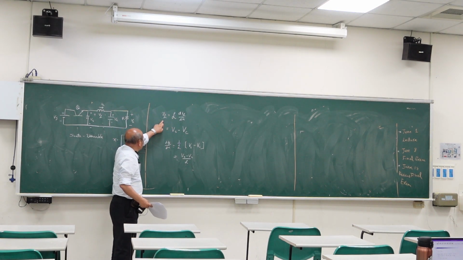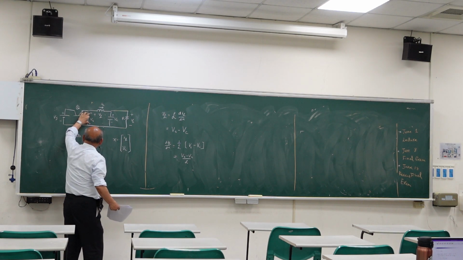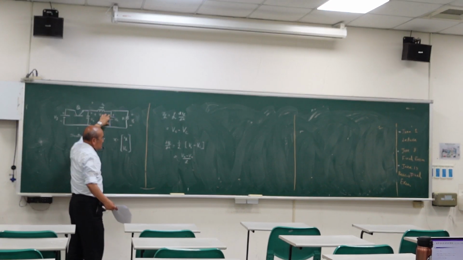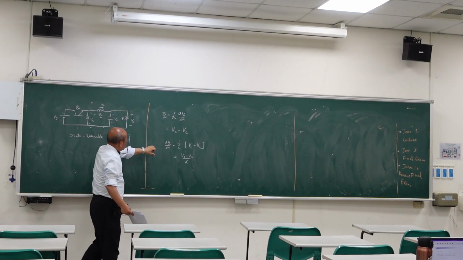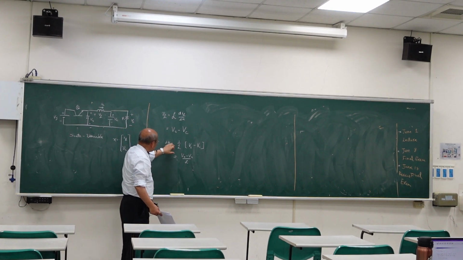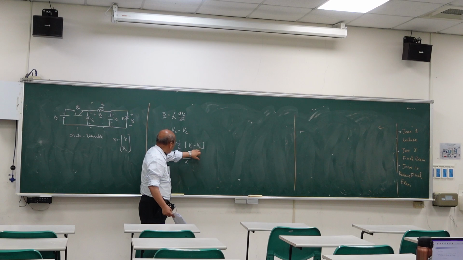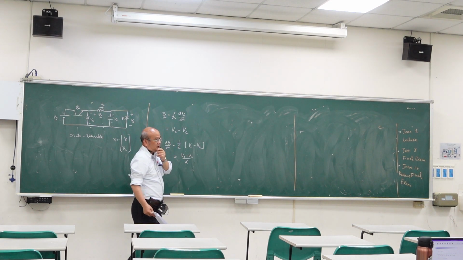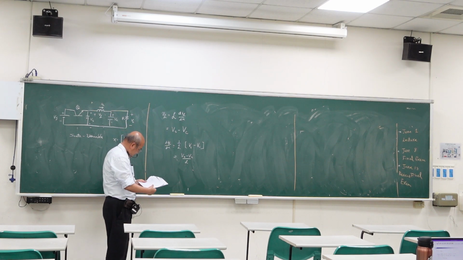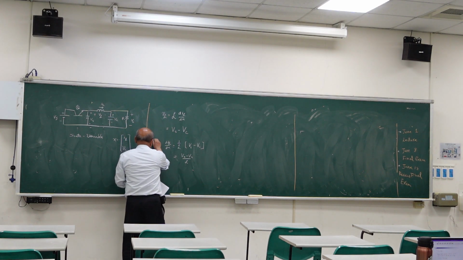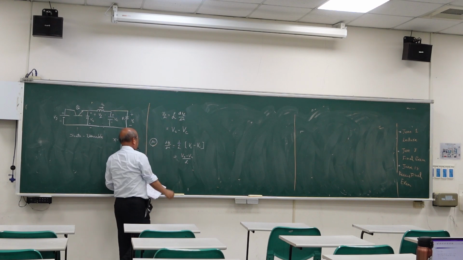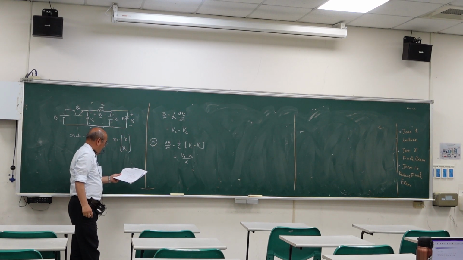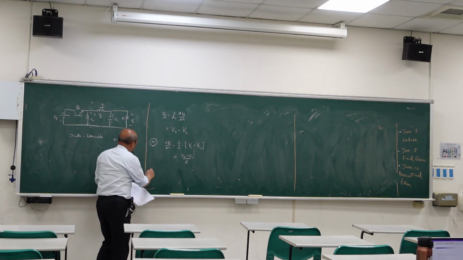So the inductor voltage is input voltage minus output voltage, and the inductor current derivative is input voltage minus output voltage divided by L. Okay, so this is equation 1. How about equation 2?